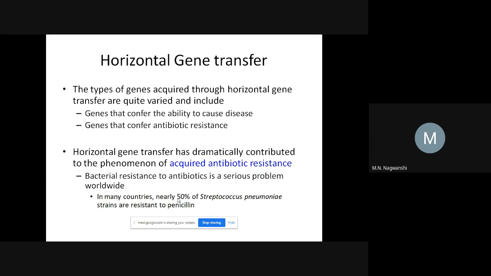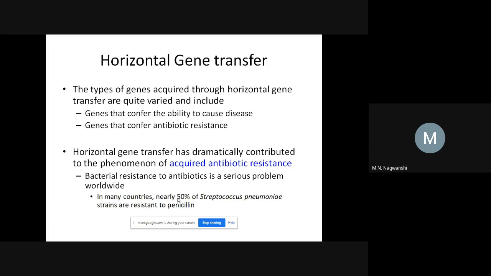So what is horizontal transfer? Transfer from one species to another species is called horizontal transfer. And vertical transfer, which we have seen in the last lecture, is from parent to daughter cell, and that is called vertical gene transfer.